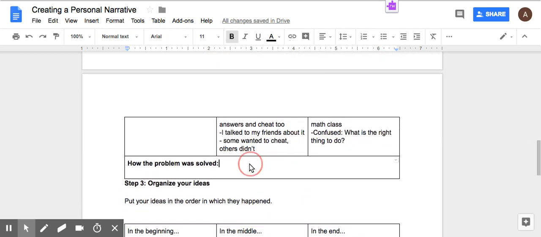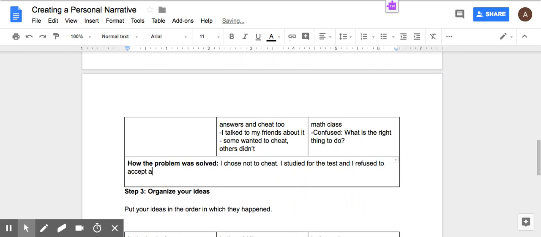And now I'm going to put how the problem was solved. I chose not to cheat. I studied for the test, and I refused to accept any help from my classmates.